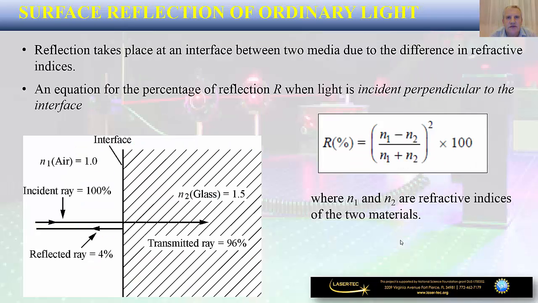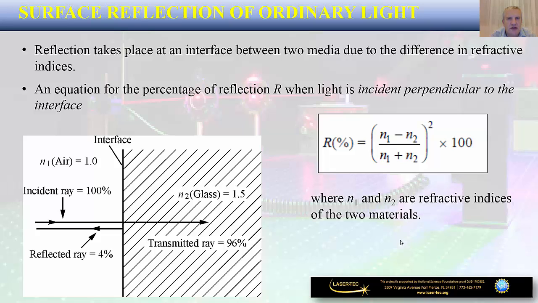Starting with this slide, we are shifting our focus from absorption and transmission to the concept of surface reflection. So we are still looking at the boundary between the two media, as shown in the picture on the left side. You can see that here we are dealing with air on the left hand side and glass on the right hand side.